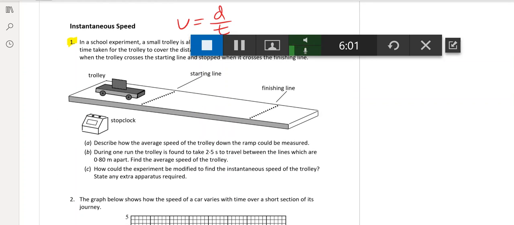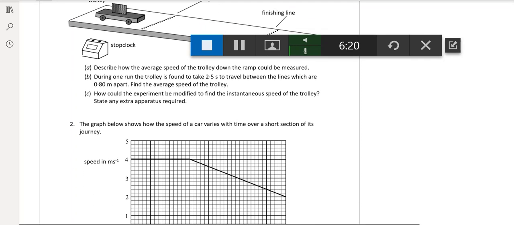Problem 1 is very much looking at the experiment, reading the details that are given to you, and problem solving to find the answers. So how the average speed of the trolley down the ramp could be measured. We would look back and think we've got our start line, our finish line, and we've got a stop clock. So it's calling upon the information that we learned in the last period.